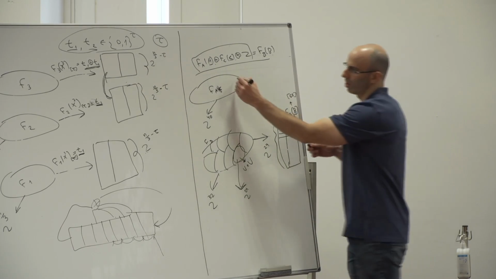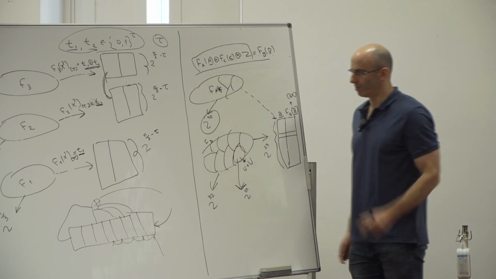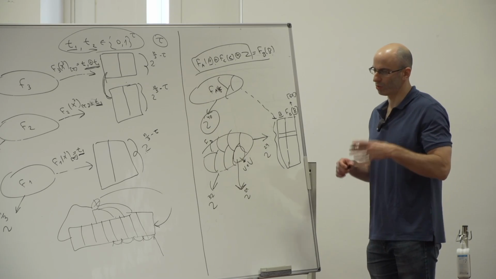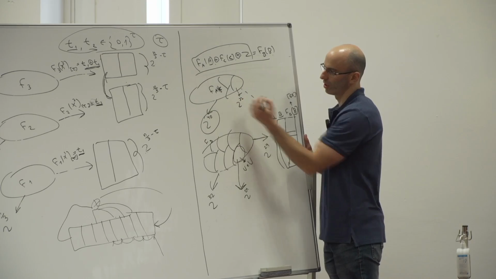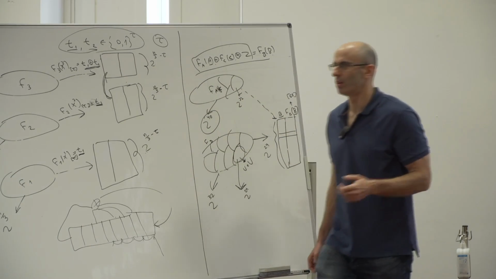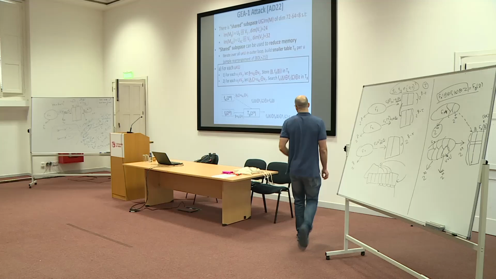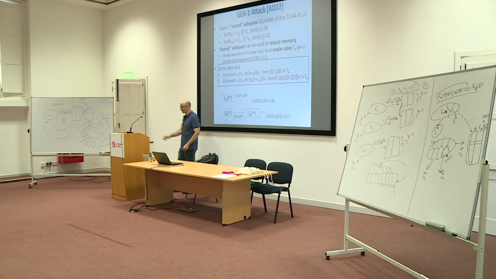A similar thing goes for FAC: instead of working over 2 to the 40, we work in pieces, and each piece is of size 2 to the 32. So we're running 2 to the 8 smaller meet-in-the-middle attacks, and this allows us to reduce the space complexity by 2 to the 8.